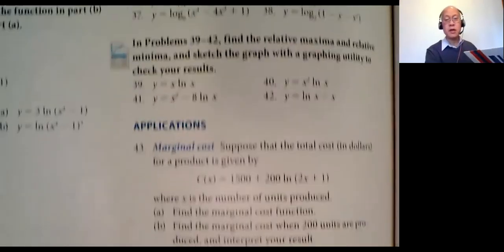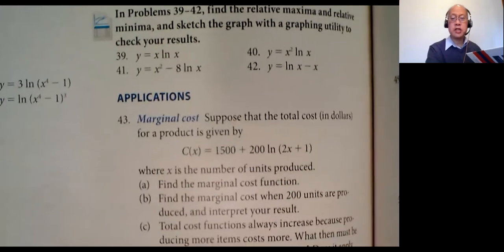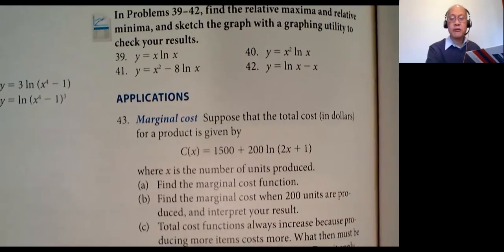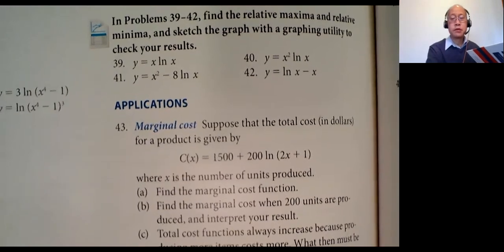Okay, the one word problem, let me knock that out of the way and then I'm finished. 43. All right, so a cost function, C of x is blah, blah, blah. A: find the marginal. What's marginal? Derivative.